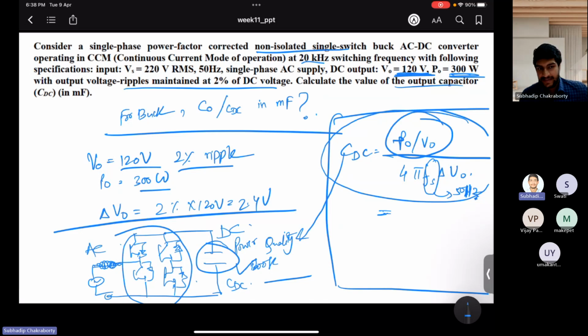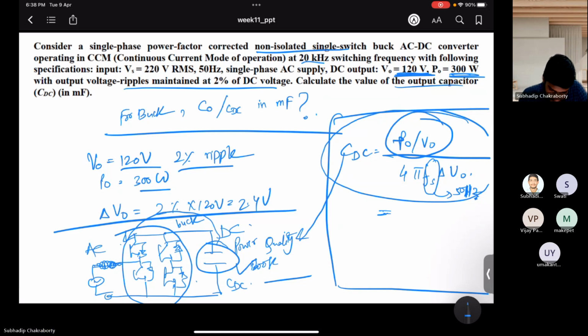Because, as I told you, from DC to AC side, it is bucking action only, because DC is higher voltage and AC is lower voltage. So anyways, you don't need another buck stage towards the AC side. So this converter is sufficient to behave as a buck and provide power to the load.